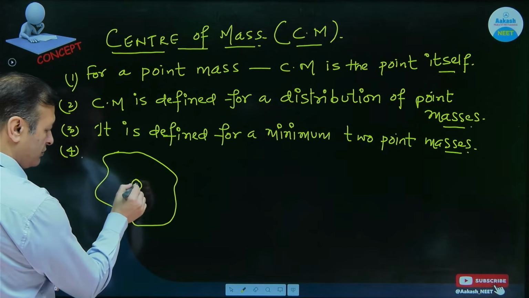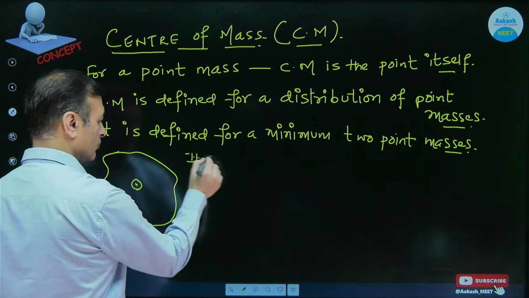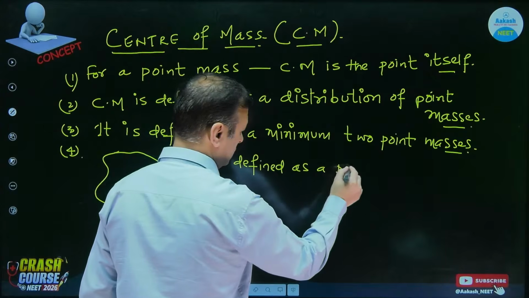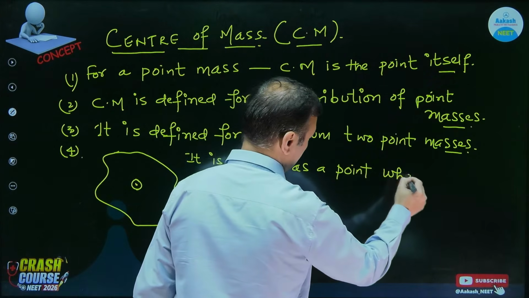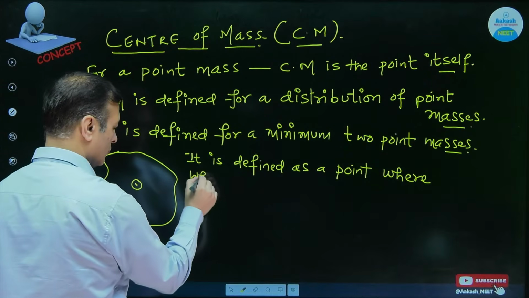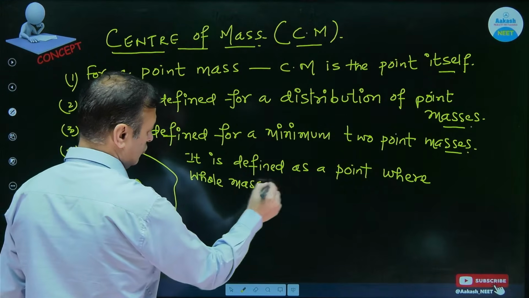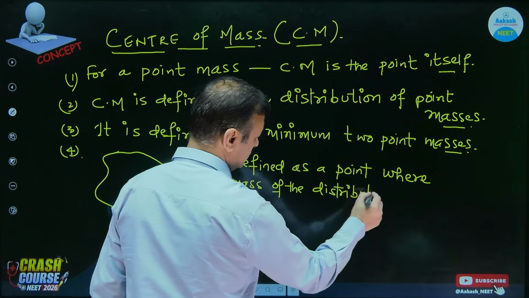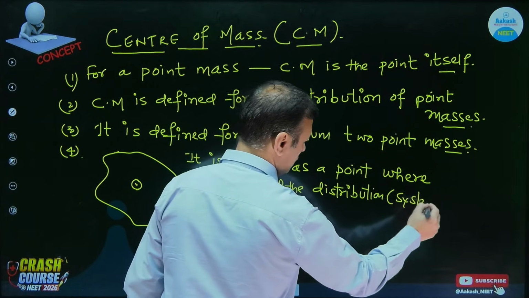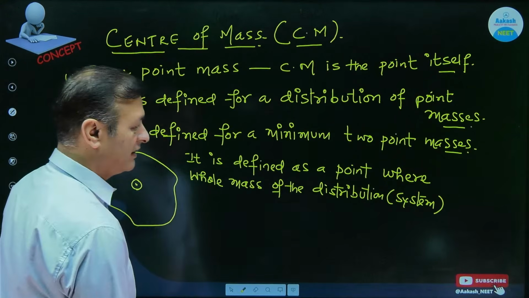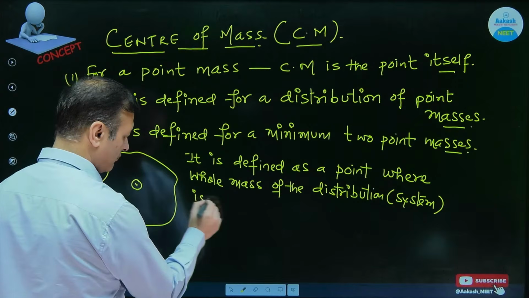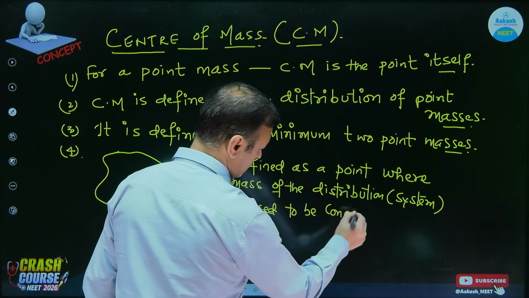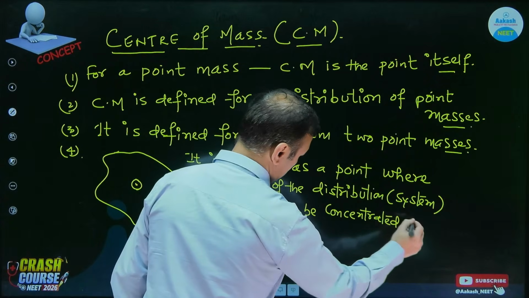If I define this point to be your center of mass, it is defined as a point where the whole mass of the distribution, either you call it a distribution or a system, is supposed to be concentrated.